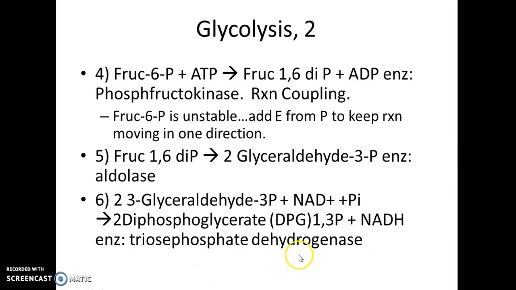The enzyme has to be a dehydrogenase because we're moving electrons and the hydrogen ion, and it's triose phosphate dehydrogenase. Beautiful name, isn't it? I know. So again, we're taking 2 electrons and a hydrogen ion, adding it to glyceraldehyde 3-phosphate to form NADH, as well as diphosphoglycerate 1,3-P.